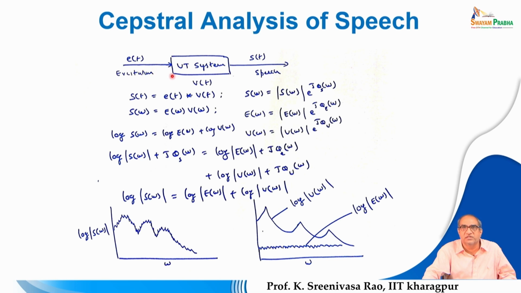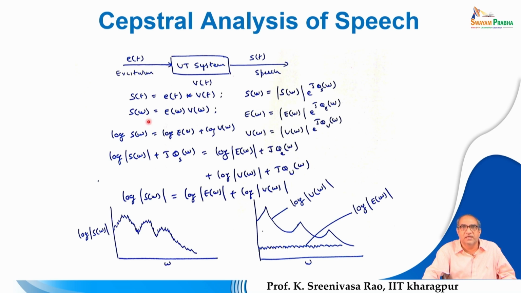If you model speech production as a linear system, then s(t) equals e(t) convolved with v(t), where e(t) corresponds to the excitation signal and v(t) corresponds to the vocal tract system response.